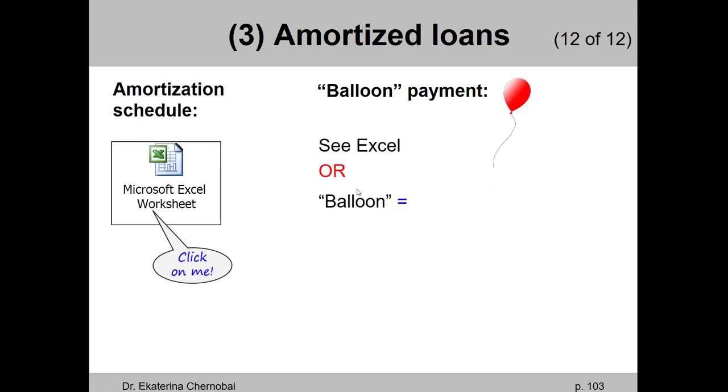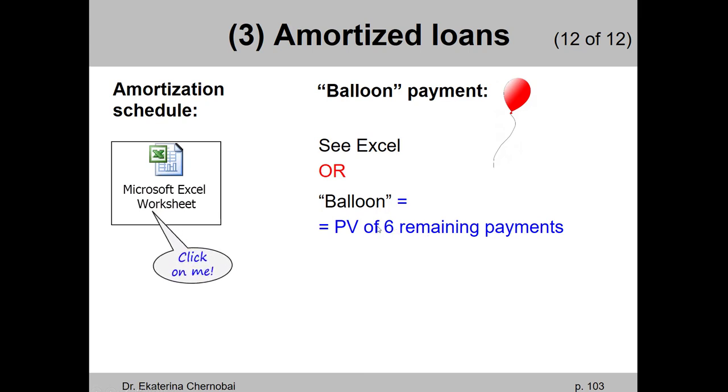But there is a different way. Let's say you don't have the amortization schedule built. How else could you find the balloon payment? The balloon payment reflects how much you still owe to your bank. It also reflects what's still remaining. If you are prepaying the loan after 4 years and the loan is originally for 10, then there are 6 remaining payments.